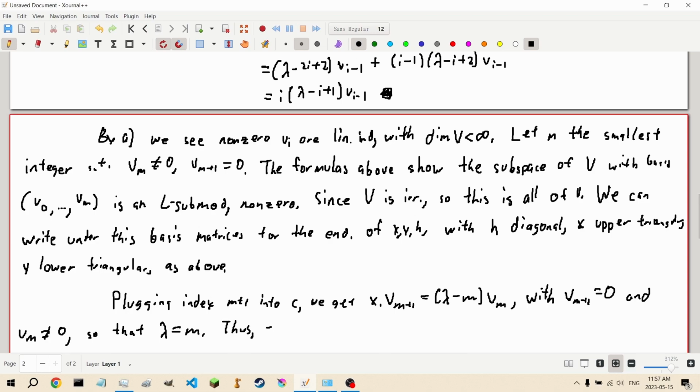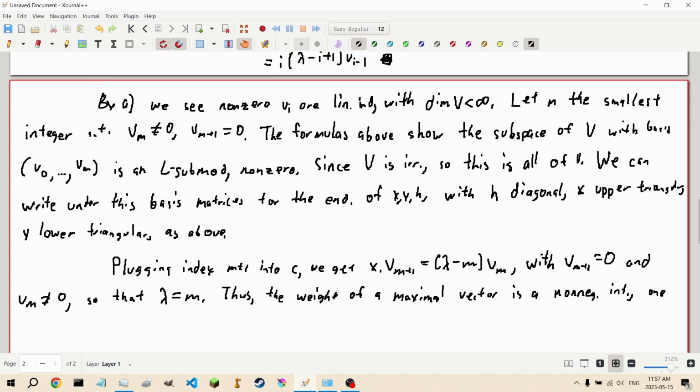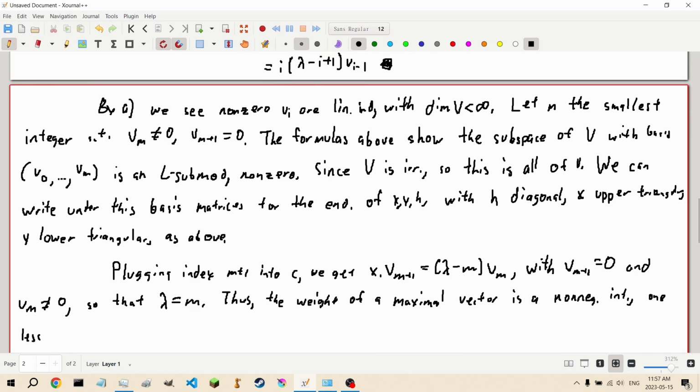Thus the weight of a maximal vector is a non-negative integer, one less than the dimension of our space.